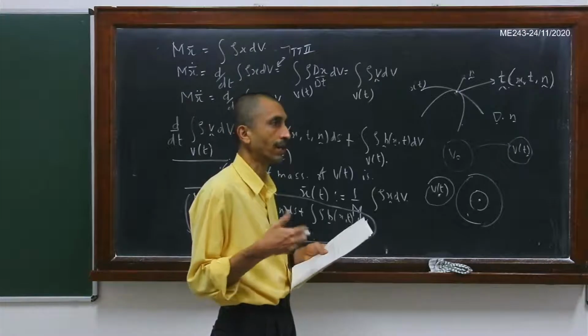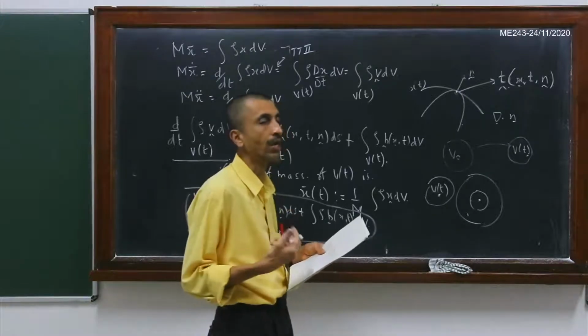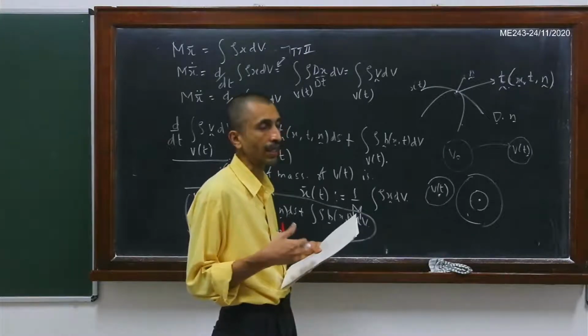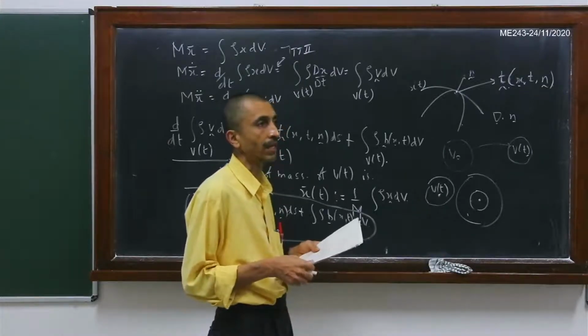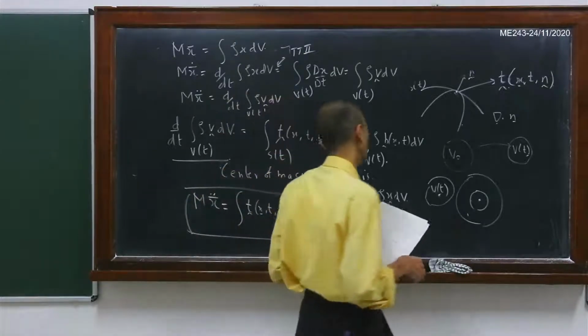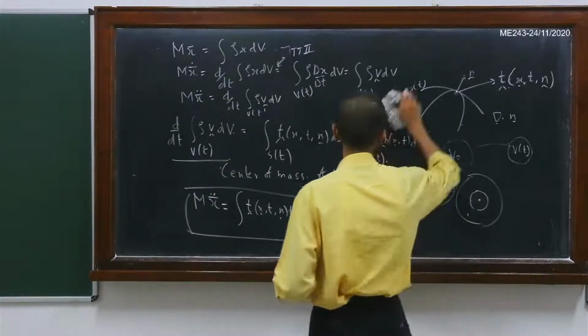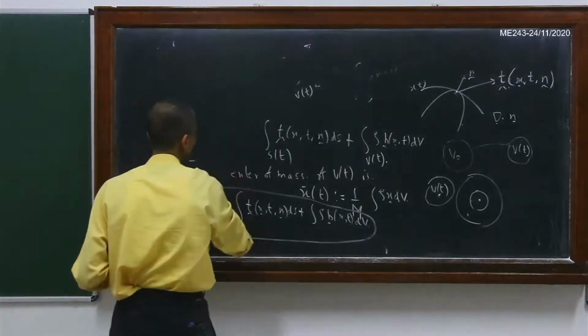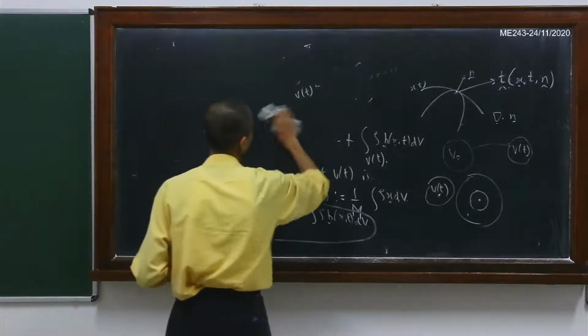So the definition of the stress tensor will also come out as part of the proof. The second thing that comes out is the governing partial differential equation for the Cauchy stress tensor. So these are the two things that will come out of this theorem. This is a very, very important theorem. Let's look at that now.